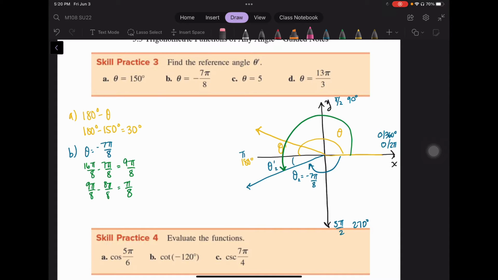For question C, this is radians, and this is 5. So you do want to know a little bit about pi in this case. Where is 5? It's not written in terms of pi, but you can think about where it should lie. Pi is 3.14, and 2 pi is 6.28.